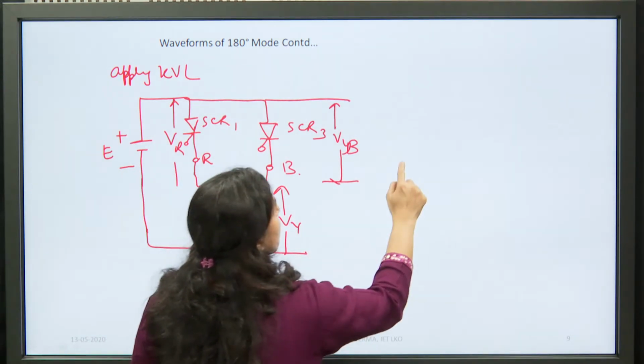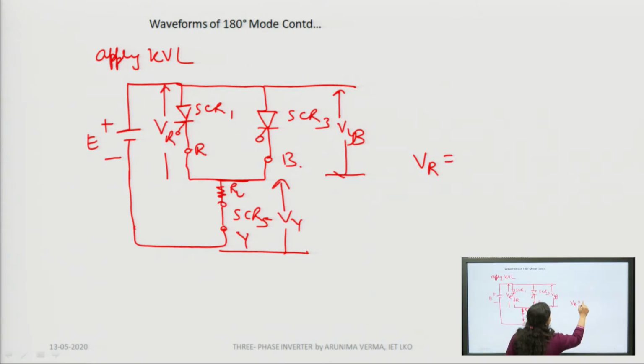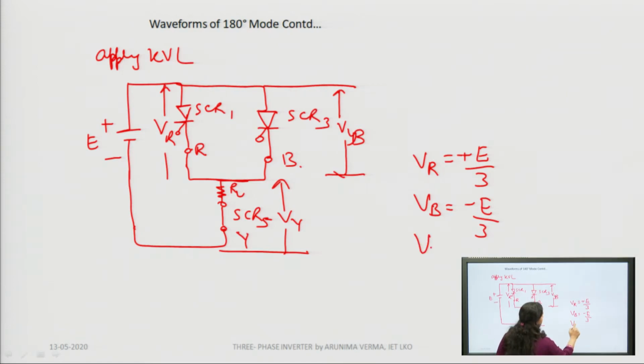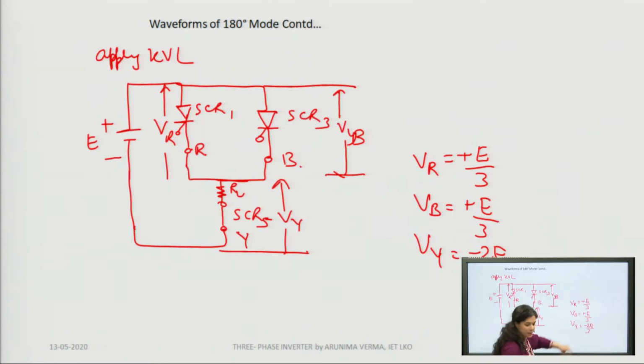So VR is plus E by 3, Vb is minus E by 3, and Vy comes out to be minus 2E by 3. As you can see, Vb is basically E by 3.